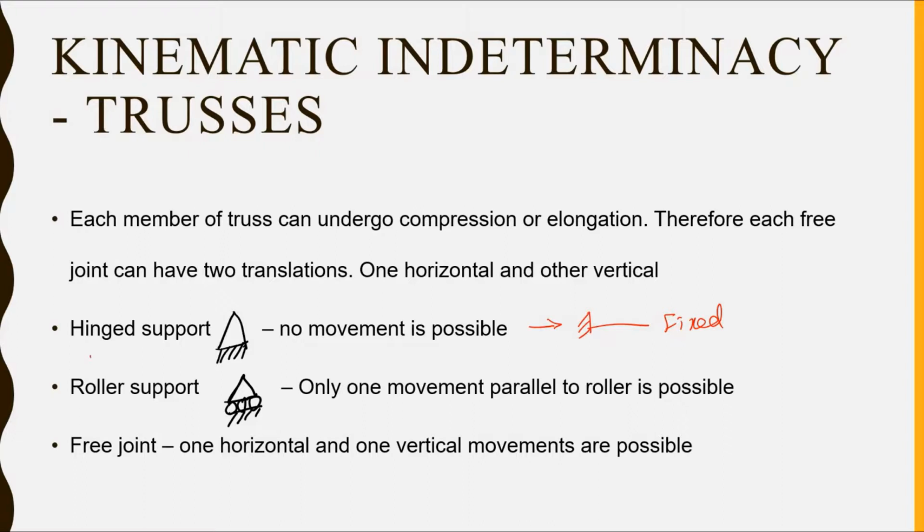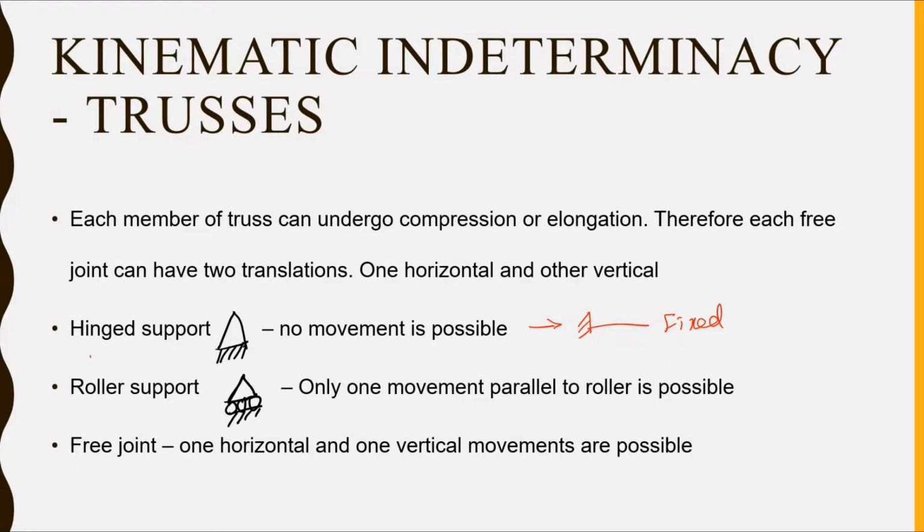Kinematic indeterminacy of trusses. When a member of a truss is considered, it can undergo compression as well as elongation. Due to this compression and elongation, the joints of a truss can have two translation motions, one in the horizontal direction and the other in the vertical direction.